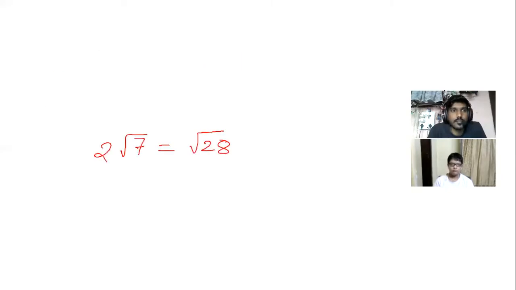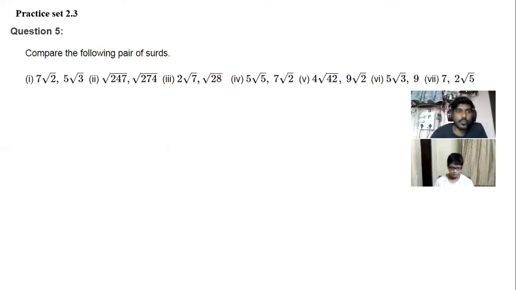So 5 root 5, I got the answer root 125, and 7 root 2, I got the answer root 98. So 5 root 5 was bigger than 7 root 2. Correct. So we did the first one, second one, third one, and fourth one.